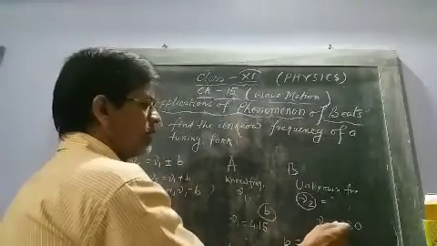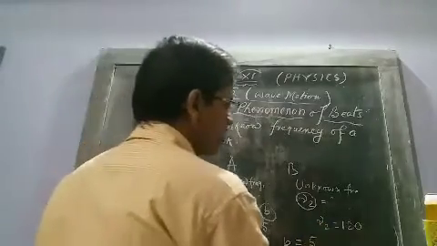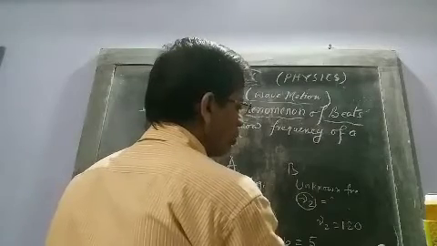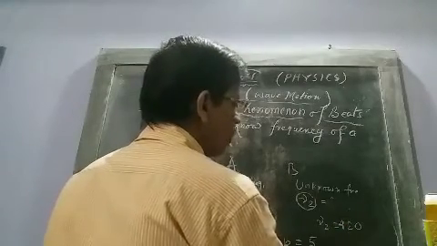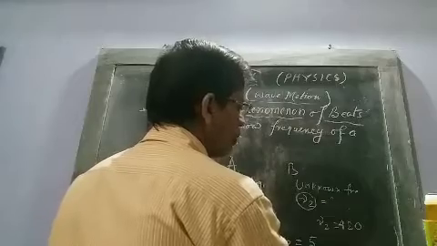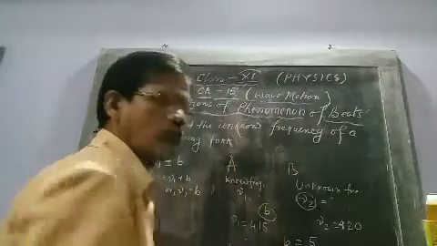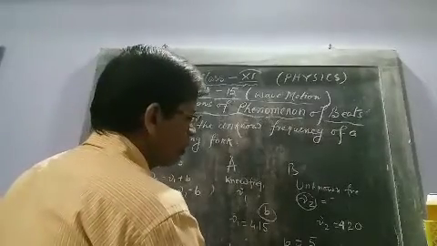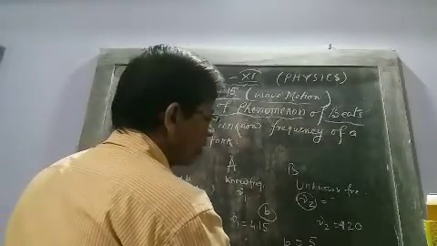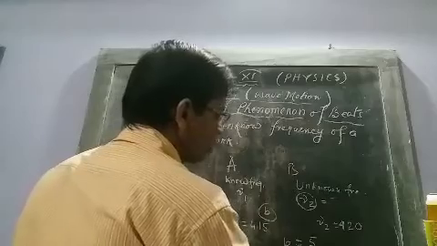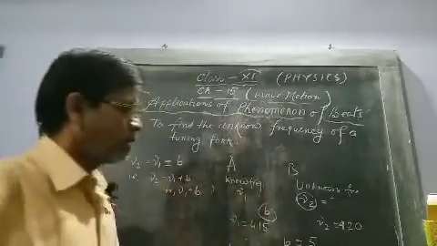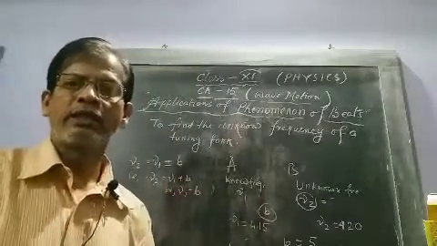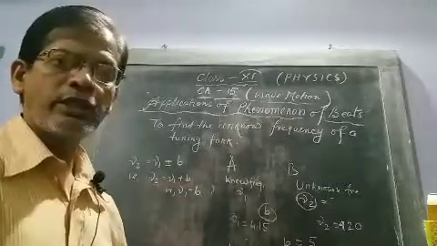Now it is filed, so its frequency increases, so nu2 equal to, say, 422. Now what is the beat? Now b equal to 422 minus 415, so this is 7. Now the beat frequency increases.